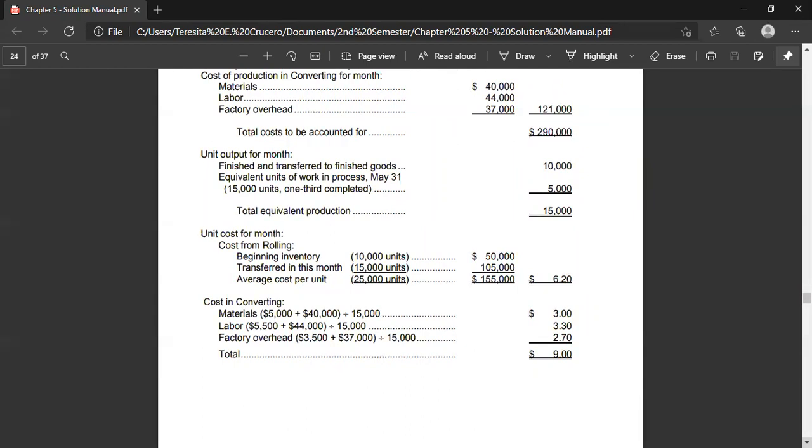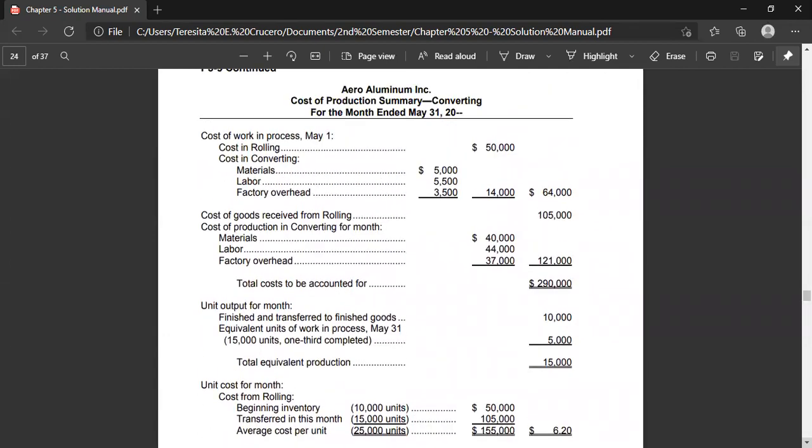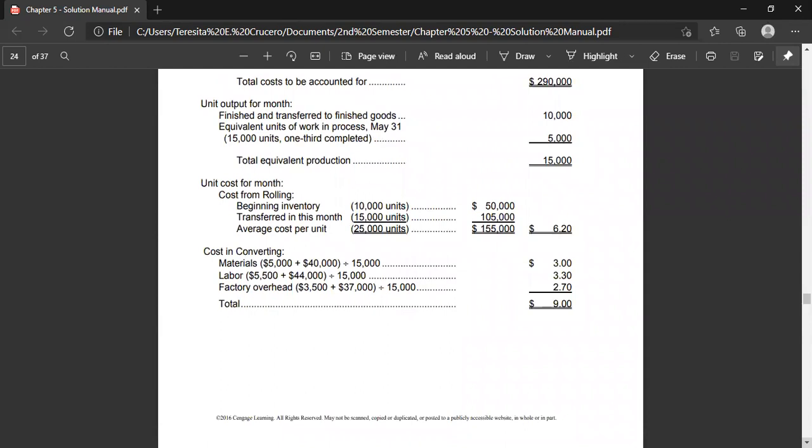That's the cost. And then we have transferred in during the month 15,000 units and the cost of 105,000. So we have here 105,000. And we have your transferred in this month 105, and then we get the total, we get the average unit cost 6.20.